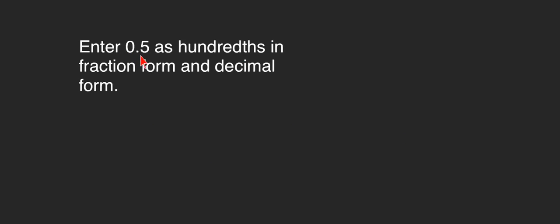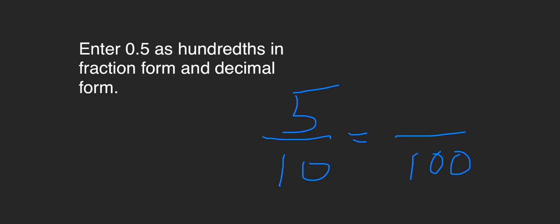Enter 0.5, a half, as hundredths in fraction form and decimal form. Okay, so first decimal is tenths. So I'm going to do 5 out of 10. They want it as hundredths, so I'm going to make it equal to 100. And I'm going to do times 10 at the bottom, times 10 at the top.